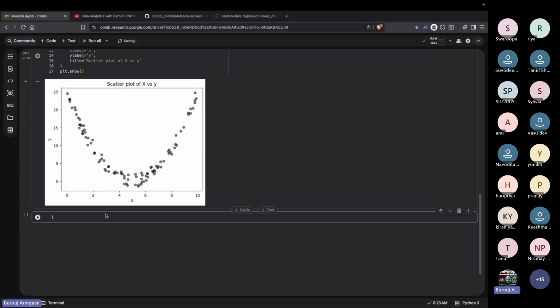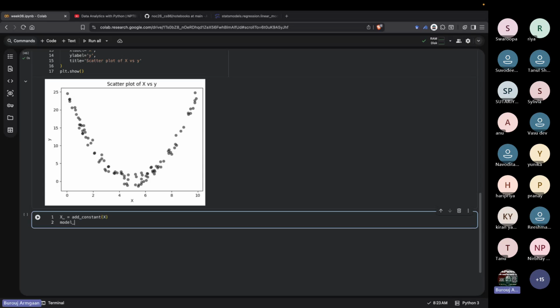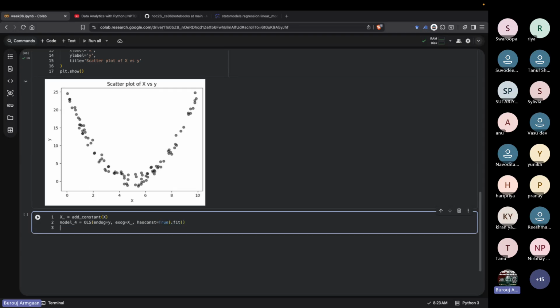We can say again that our x is equal to, we add a constant to this, and we'll say model 4 is equal to OLS. Our endogenous variable is y, my exogenous is x. We have a constant term, and I'd like to fit the model. Please print the model summary.